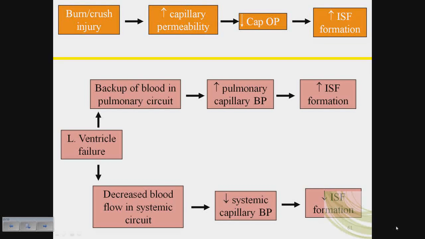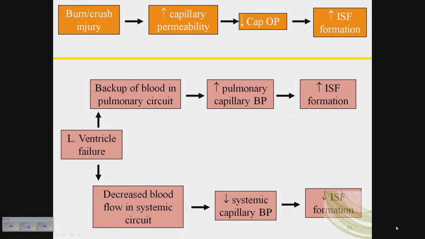Now, I want us to be able to discern between kwashiorkor and a burn crush. So, for testing purposes, hear me on this, and you might want to change something on this slide. With a person with a burn or crush injury, there isn't a problem with the liver.